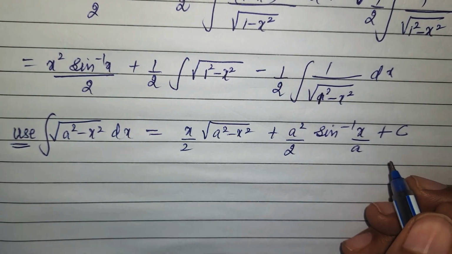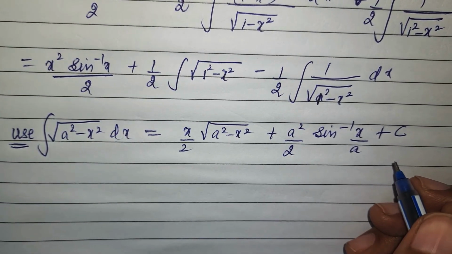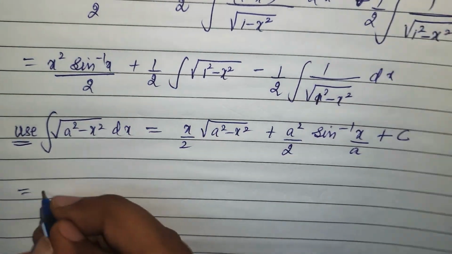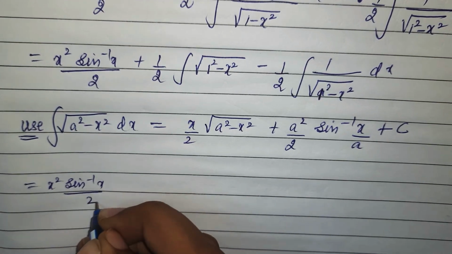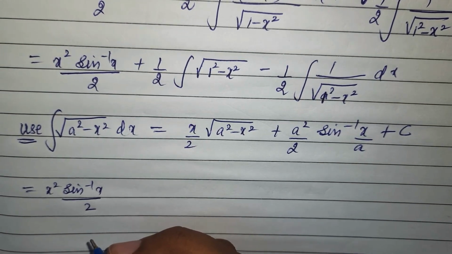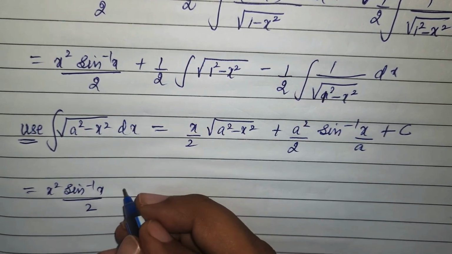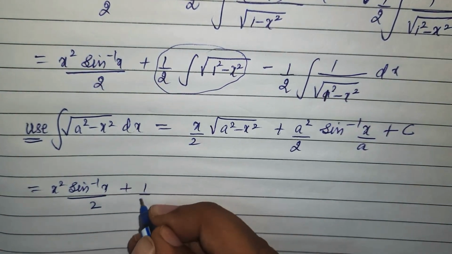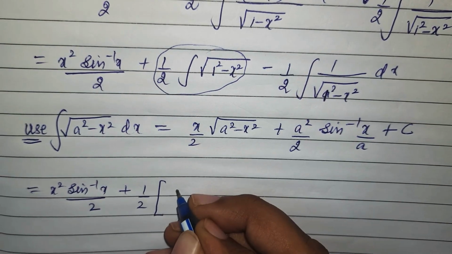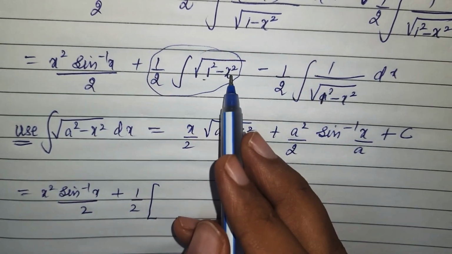So before applying this formula, what I need to do? x square sine inverse x upon 2 will remain the same. There will be no change. So for this I need to apply this formula. 1 by 2 will remain the same, and I am putting a square minus x square.